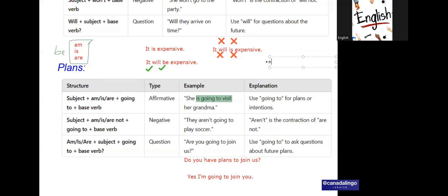Or it can be expensive, or it won't be or will not be. So it's easy to remember, right? Whenever this is alone here, it is. But if we have will, can, could, might, or anything else, it will be be.